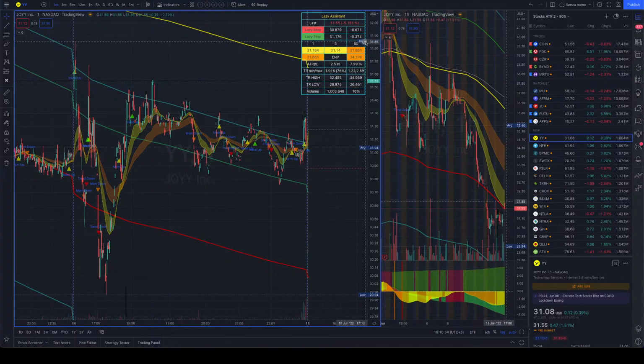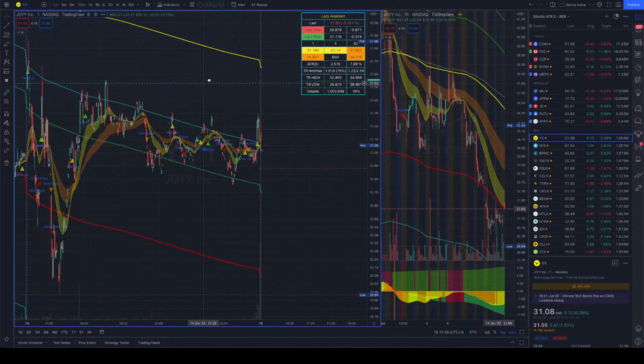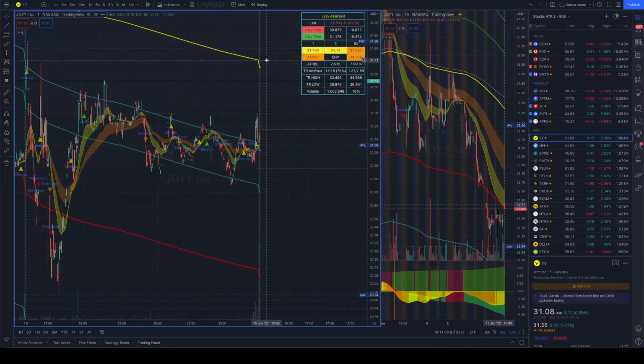As I said before, this is three time frames: 1 minute, 5 minutes, and 60 minutes, so without the 1 hour. We have the momentum bands on these levels: $31 and 31.65 on the 1 hour, and the 1 and 5 minute ones here.